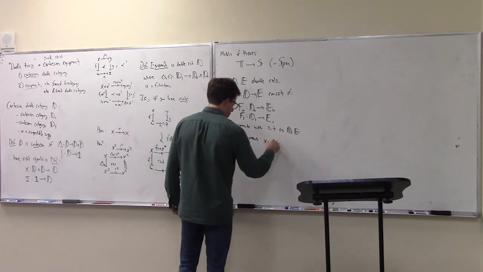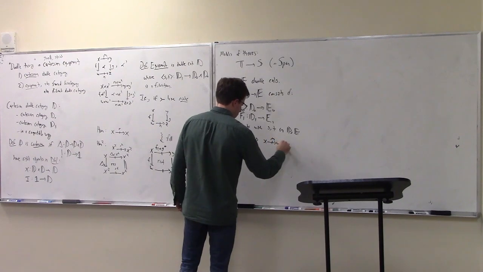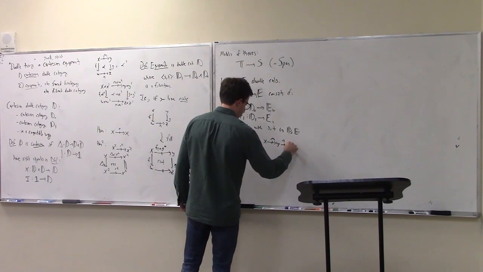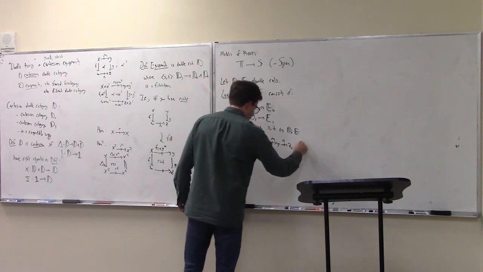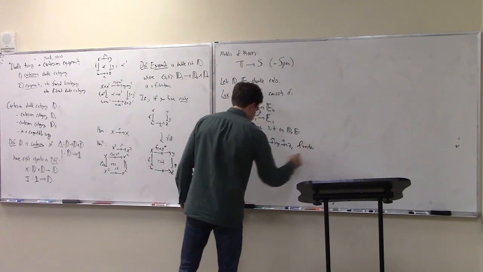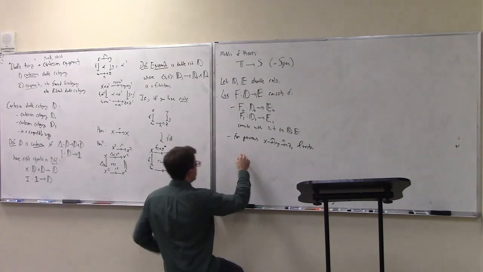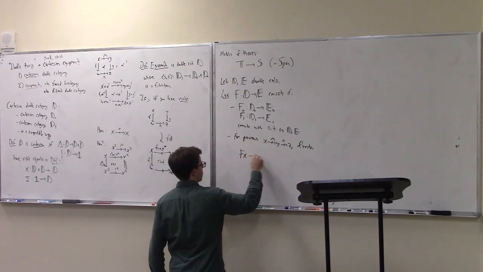composable pro arrows in D. For every pair of these, you have a laxator, which is like a special cell that looks like this.